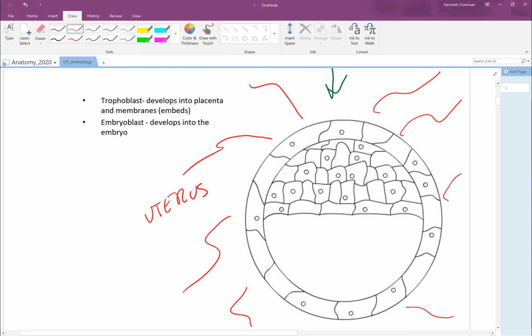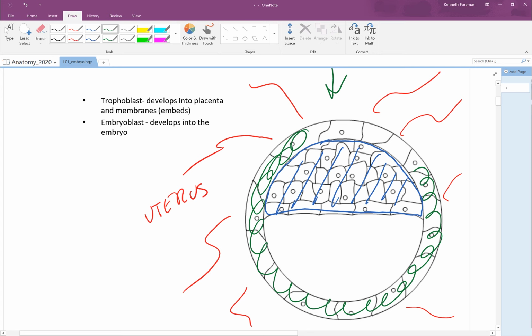Inside here we have 2 cell layers: the embryoblasts and the trophoblasts around the outside.